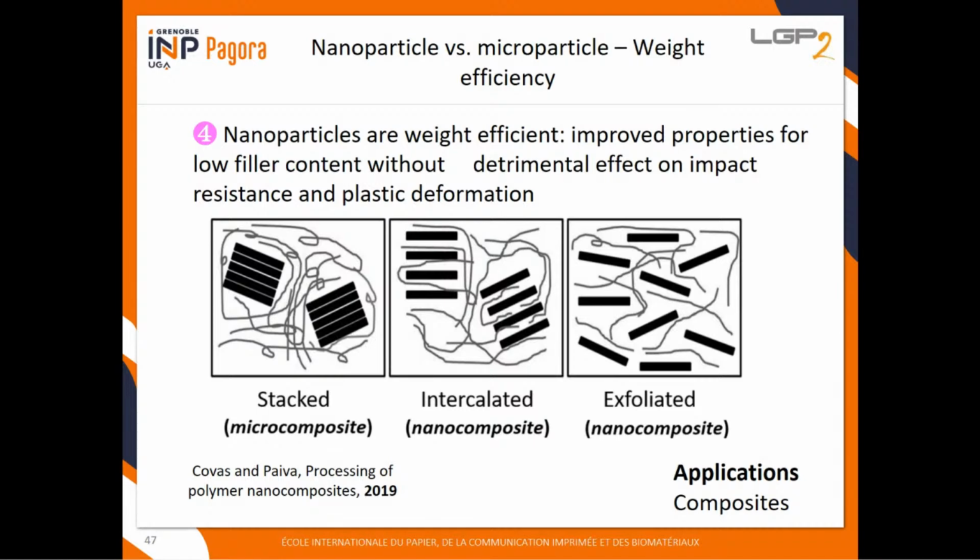So it means that, of course, there is less matrix material and the ductility or the elongation at break of the material decreases. When using nanoparticles, we have a significant improvement in the mechanical properties with less than 5%, meaning that we keep the ductility of the material, meaning that we have a stiffer material, but with a good elongation at break.